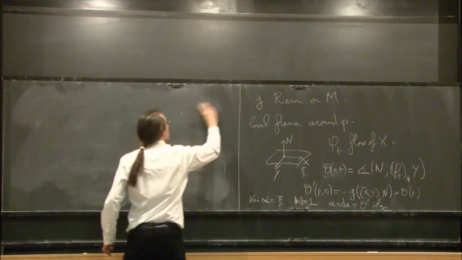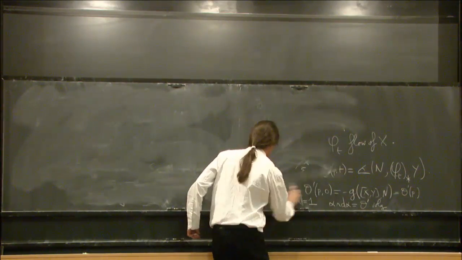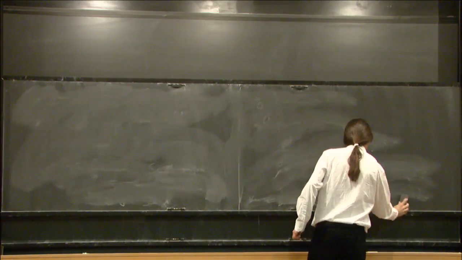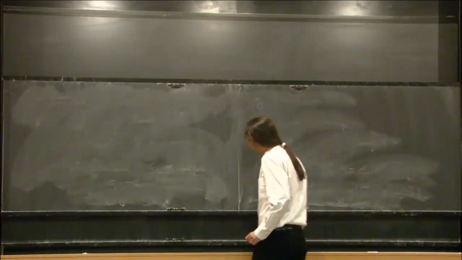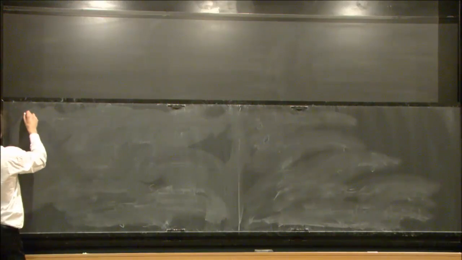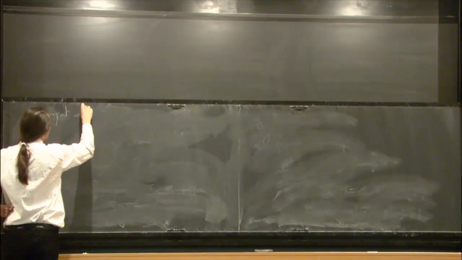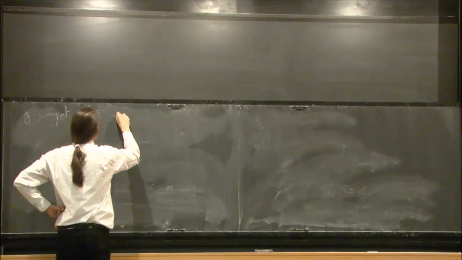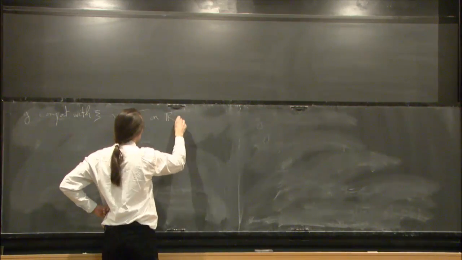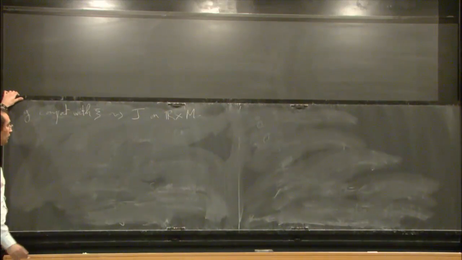And I claim that combining those ideas and compatible metrics, you can get estimates on tight balls. So given g, which is compatible with xi, you get an almost complex structure J on the product R times M, which is the kind of almost complex structure that people use in symplectic topology.